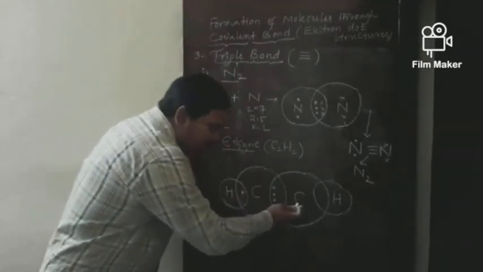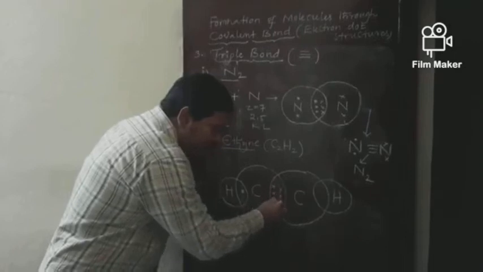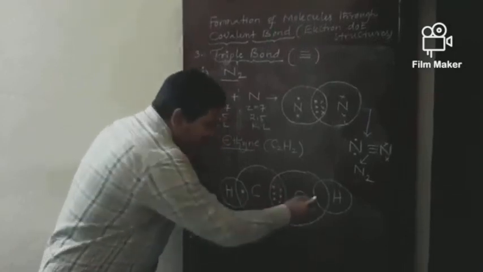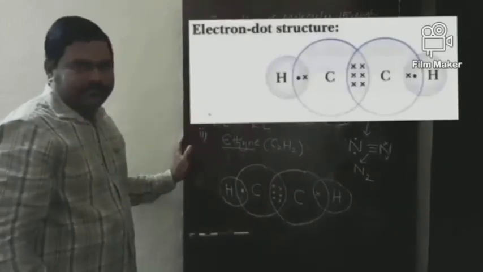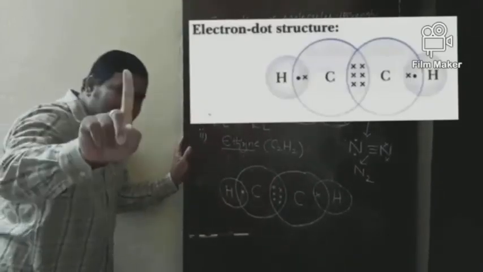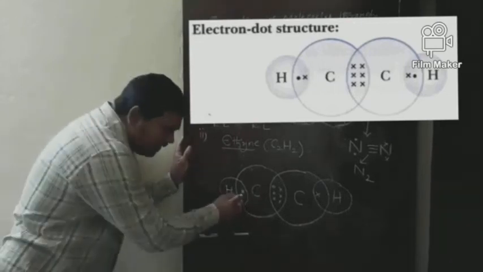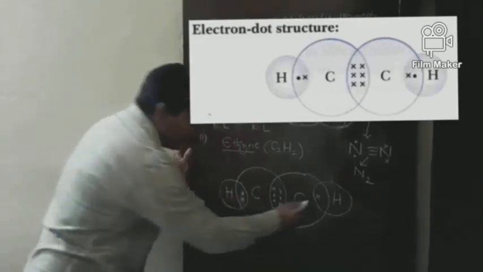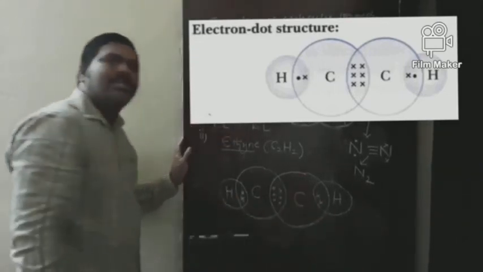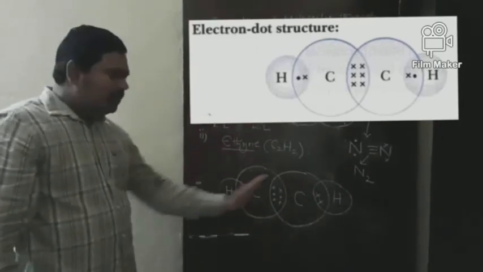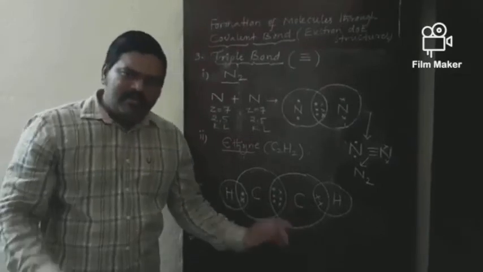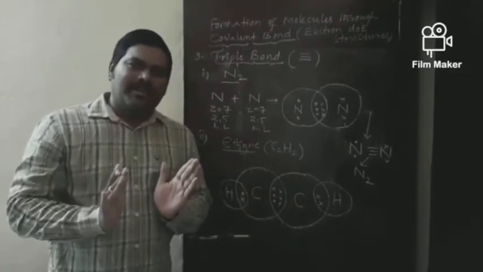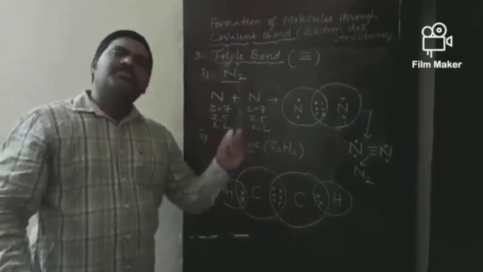Similarly, the other carbon contributes 3 electrons to this carbon and 1 electron to that hydrogen. From the hydrogen side, the requirement is 1, you know. Only 1 electron is contributed so as to complete the shared pair. After bond formation, each carbon attained the nearest noble gas configuration, neon, and becomes stable.